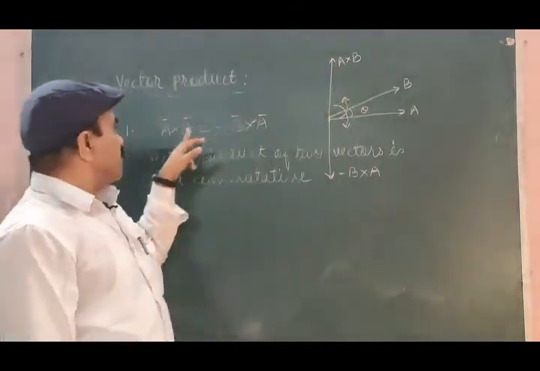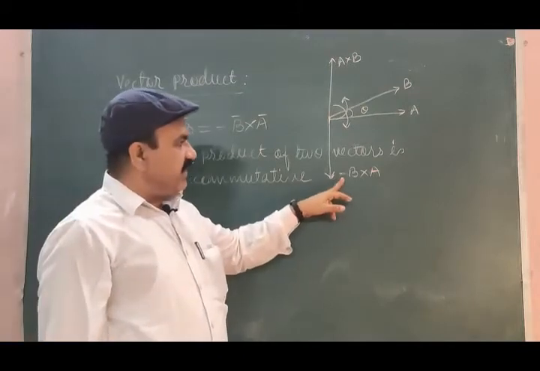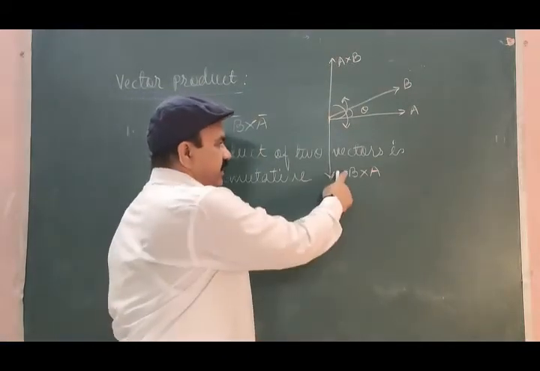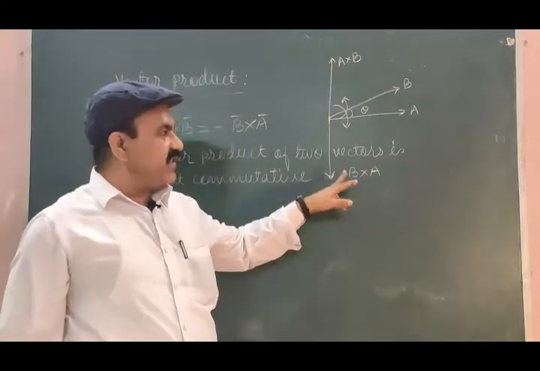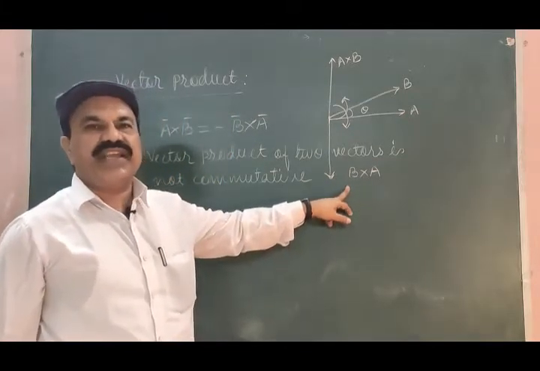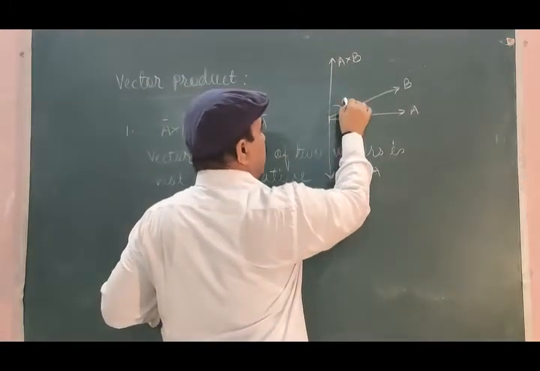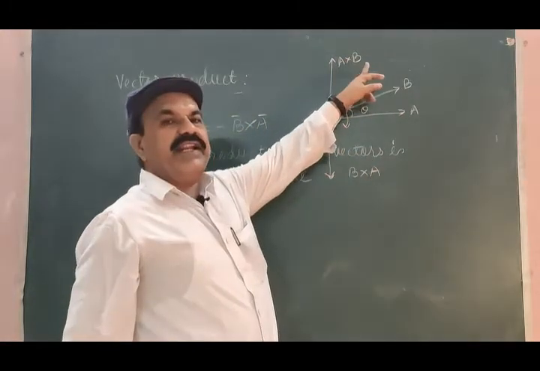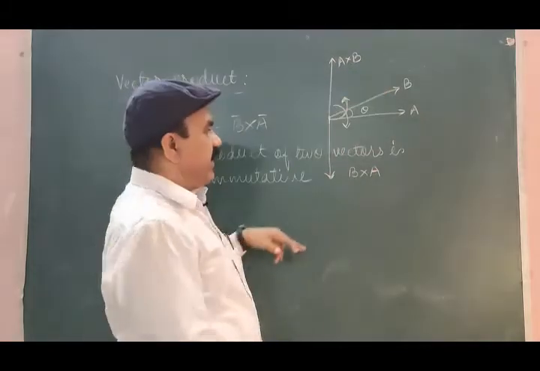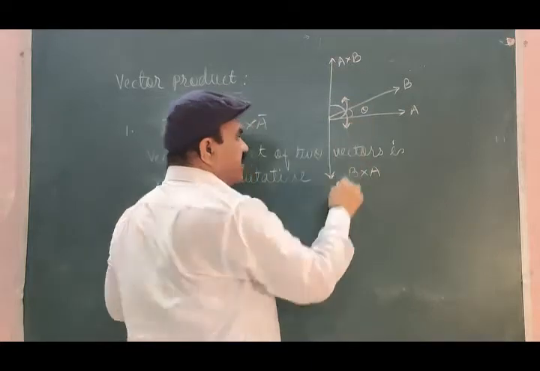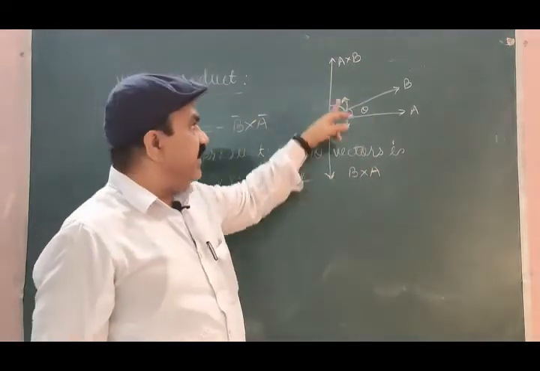This corresponds to A cross B, this corresponds to B cross A. A cross B is obtained if A and B are collected this way for getting the vector product of A and B. B cross A is obtained if they are collected in this direction.